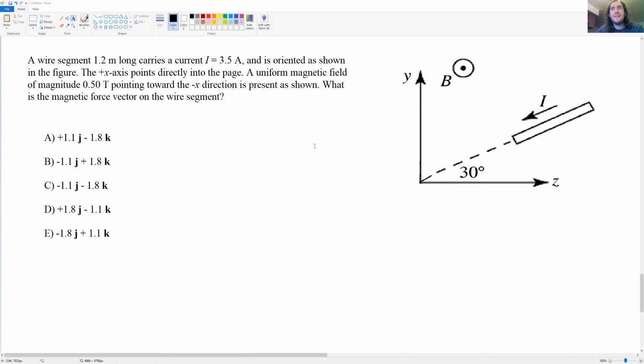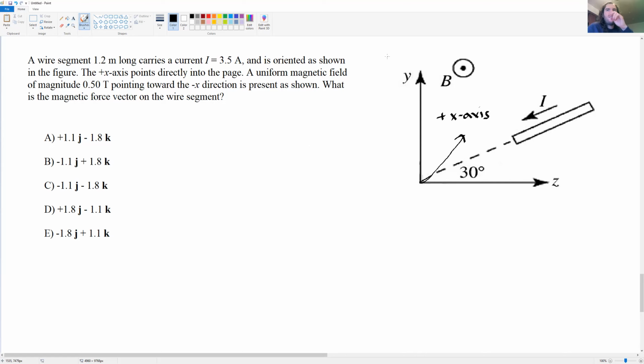So a wire segment of 1.2 meters long carries a current of 3.5 amps and is oriented as shown in the figure. The positive x-axis points directly into the page. So I'll go ahead and copy that down on the figure. So the x-axis is this way. So that is the positive x-axis going into the page there, okay?